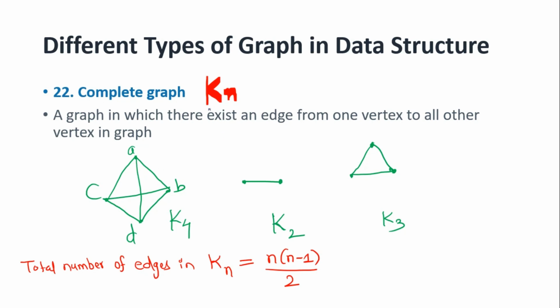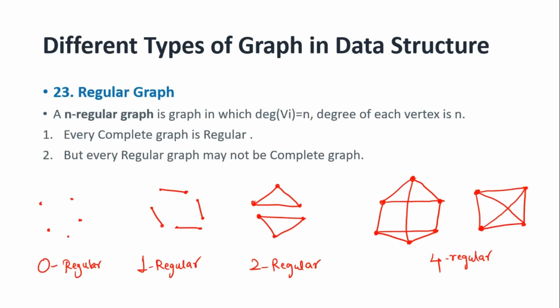A complete graph is represented by the symbol K subscript n. Now this is a 4 vertex complete graph, represented by K4. This graph is a 2 vertex complete graph, represented by K2. This is the K3 graph. The total number of edges in the complete graph is n times n-1 divided by 2.